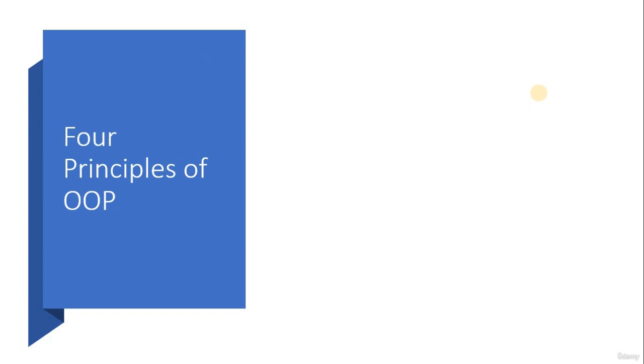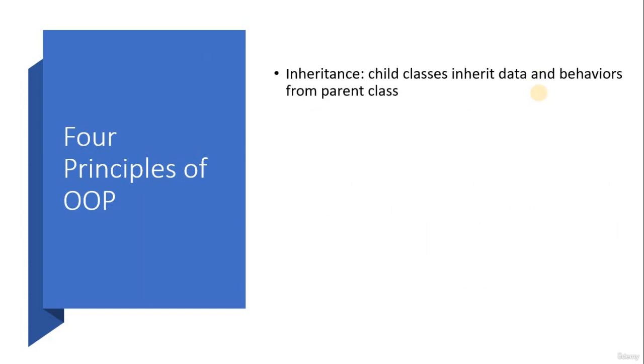These 4 principles that we have in object-oriented programming are: one is inheritance. Inheritance, as the name implies, is inheriting some methods, some behaviors from the broader category. Let's say when we say animal kingdom, or let's make it class, animal class, what do they have in common?